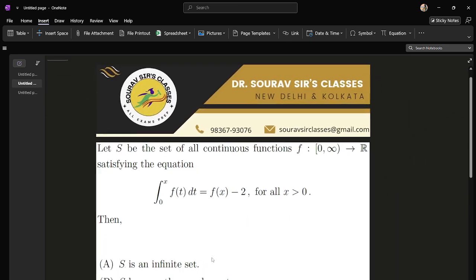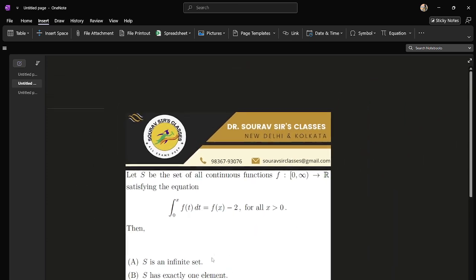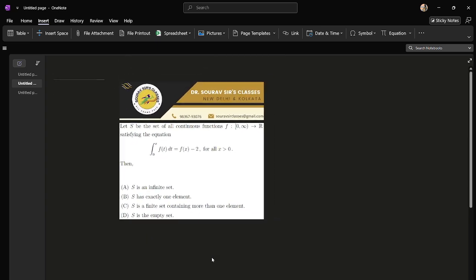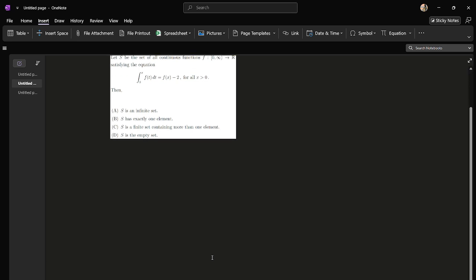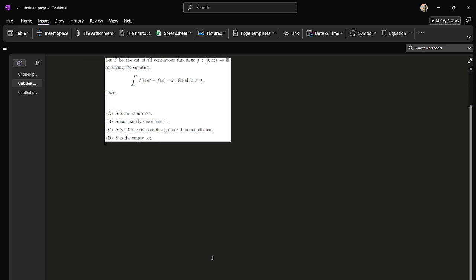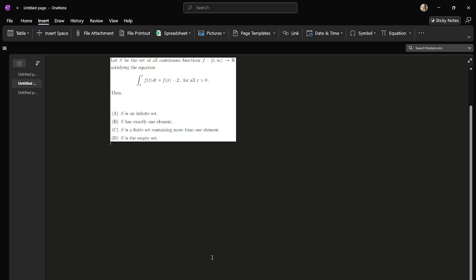Now we are going to solve a problem which appeared in the ISI MTech QROR MCQ section. The question says: let S be the set of all continuous functions f from [0, infinity) to R, that means our domain is R plus union the singleton 0, satisfying the equation integral 0 to x f(t) dt equals f(x) minus 2 for all x greater than 0.